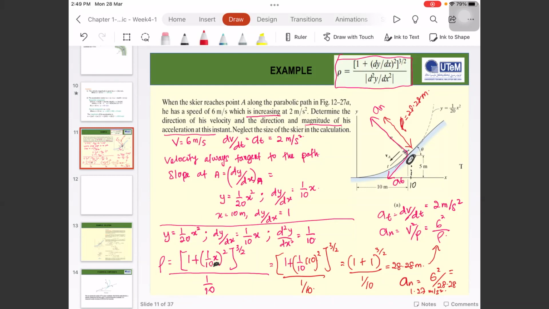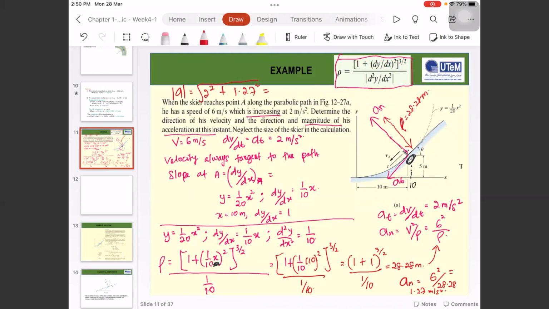So what is the magnitude? For magnitude you just square, then square root. Okay, square and square root. There's no space left to write, so write it here. So A equals the square root of 2 squared plus 1.27 squared.